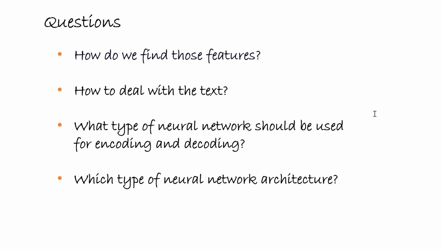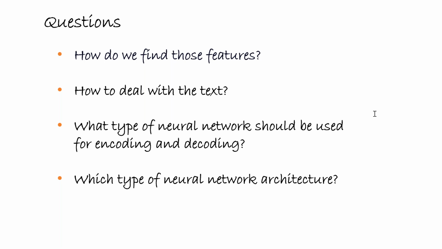So how do we find those features? We don't need to find features literally in natural language, in neural translation, because a deep learning network takes care of it mostly with the features that come in from a sentence.